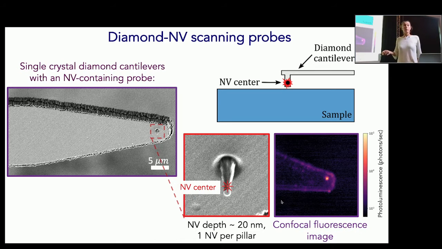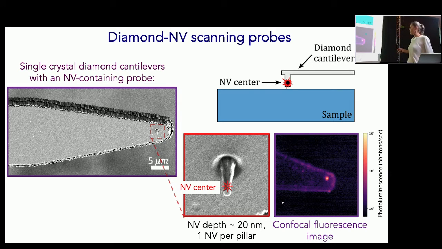This shows you the platform, the workhorse of our scanning probe system. We make diamond cantilevers that have a single little nanopillar at the end, and we engineer there to be a single NV center at the very apex of this probe, residing about 20 nanometers below the surface, so we can bring it quite close to the system under study and get good spatial resolution.